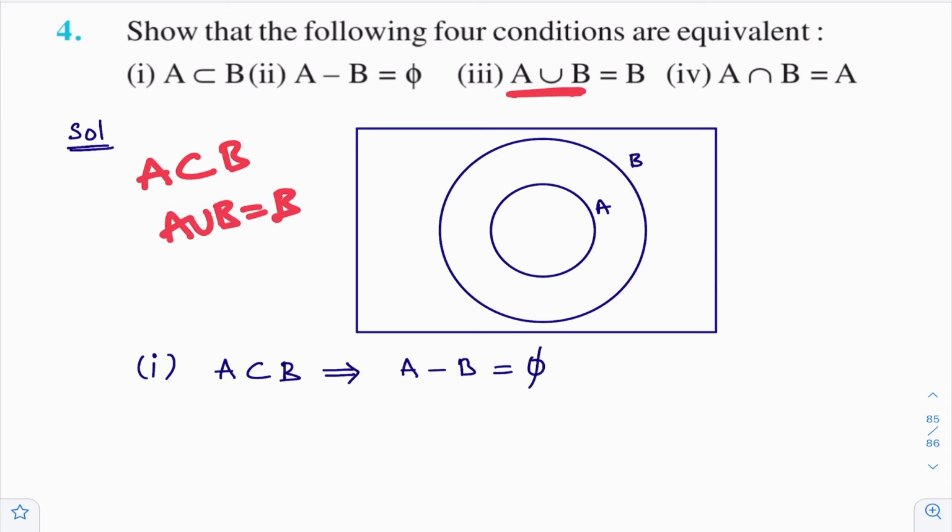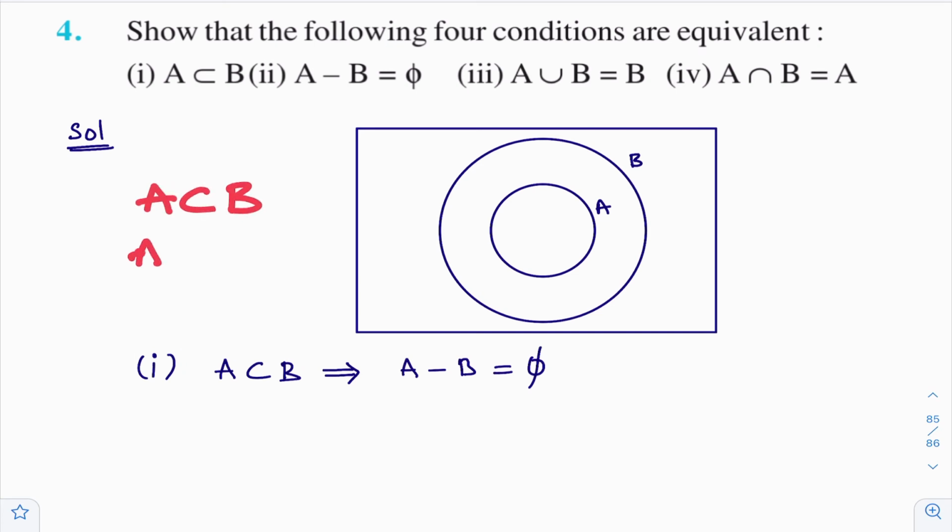When we do the union, you will get a bigger set. When you do the intersection, you will get a smaller set. When A is a subset of B, B is the bigger set, A is the smaller set. So this is very, very important. When A is a subset of B, what can you say? A union B equals B. How to prove this? With the help of a Venn diagram.